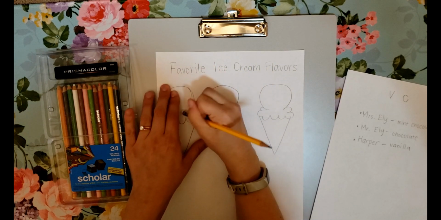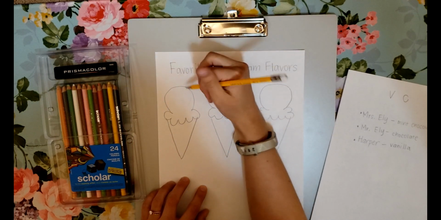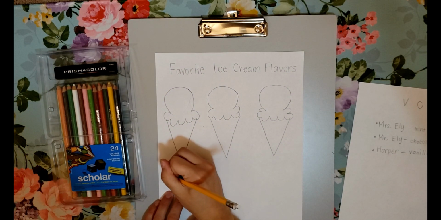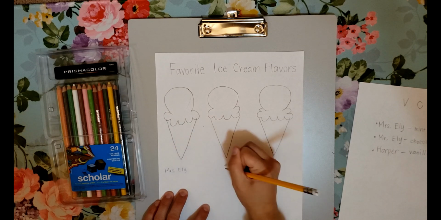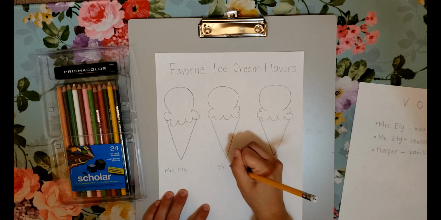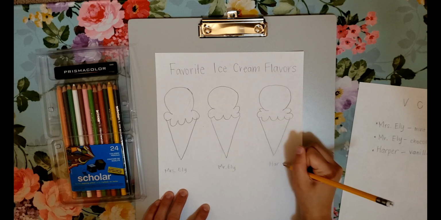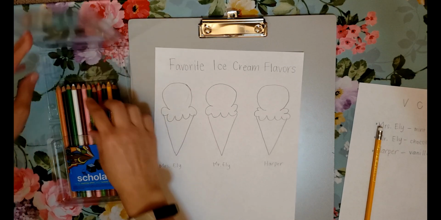Now I'm going to label them. Okay, so I have 3 ice cream cones and I have them nice and labeled.